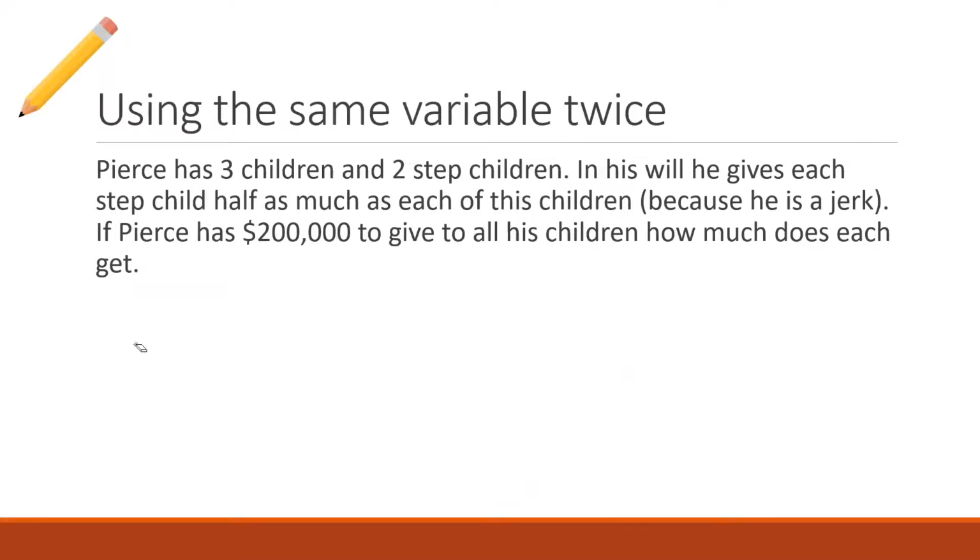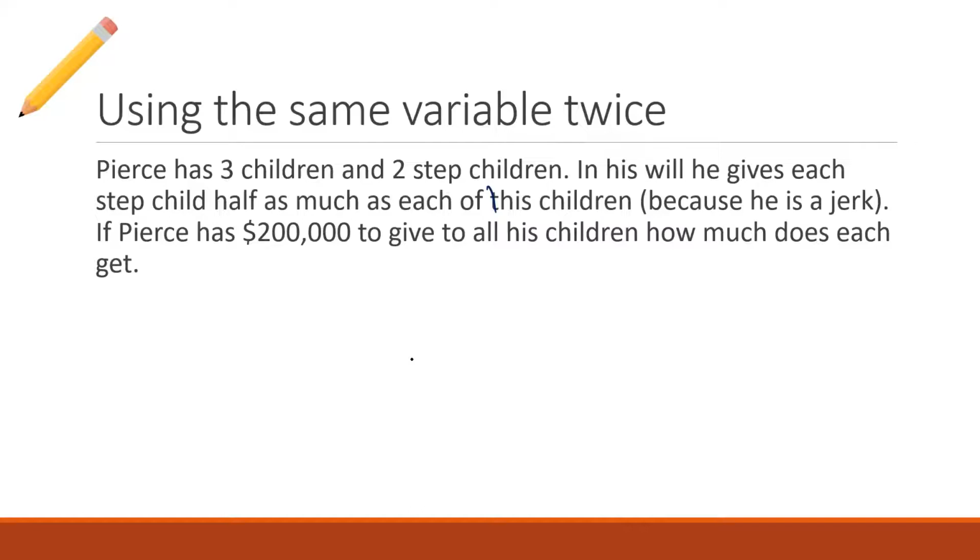This next one is example 2 out of 3, which means we're pretty much halfway there. Pierce has 3 children and 2 stepchildren. In his will, he gives each stepchild half as much as each of his children. Oh my God, because he's a jerk.